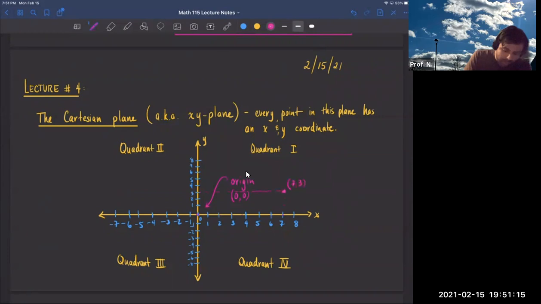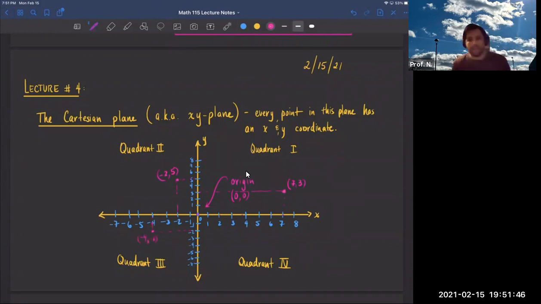If I choose a point over here in the second quadrant, my x coordinate is negative, and my y coordinate in this case would be +5. So in the second quadrant, my x values are negative and my y values are positive. If I'm in the third quadrant, and I choose a point such as the one over here, this will be -4, -2.